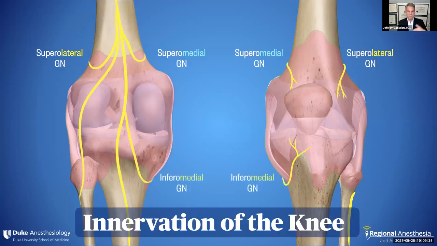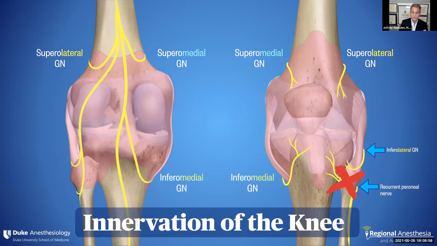Tibial also gets inferior medial, and then there are some other genicular nerves on the lateral side. We have the inferior lateral genicular nerve and the recurrent peroneal nerve. And we'll talk about these being targets for nerve blocks a little bit later, but we don't tend to block the recurrent peroneal or the inferior lateral nerve because it just gets too close to the common peroneal, which would give you a foot drop and hamper your recovery efforts.